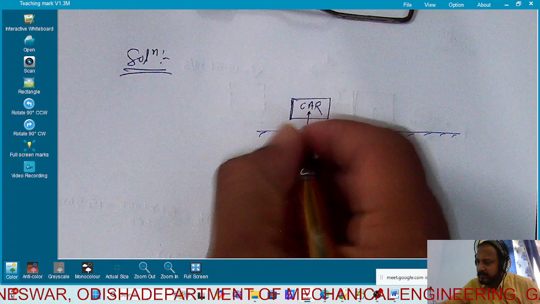Here also, the car is decelerating, so negative acceleration. Finally it comes to stop at this particular point. When it is stopping, how much distance is it traveling? See, all of you try to understand the question.